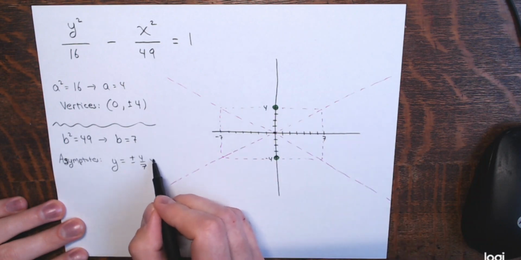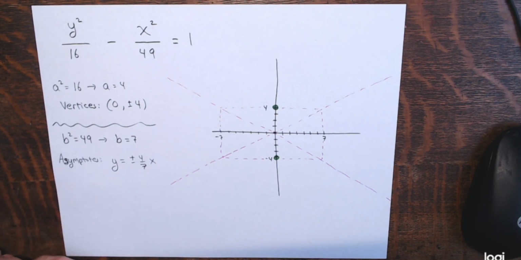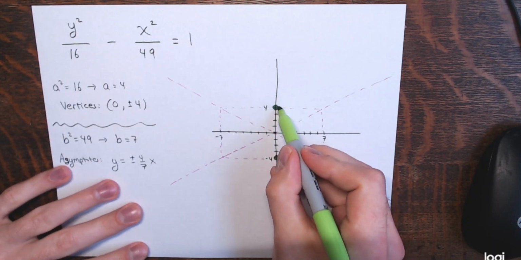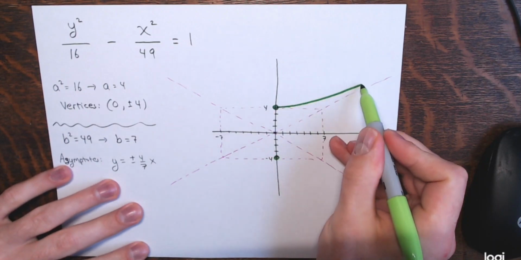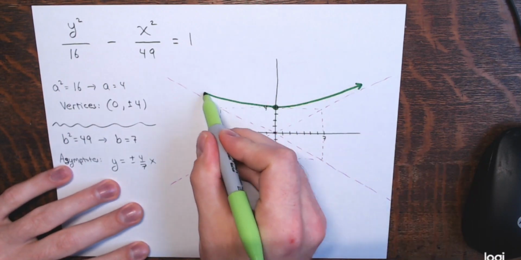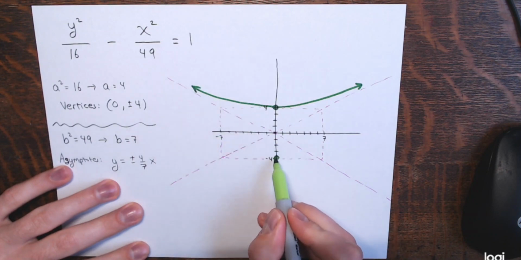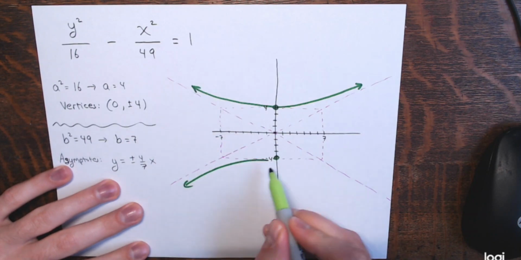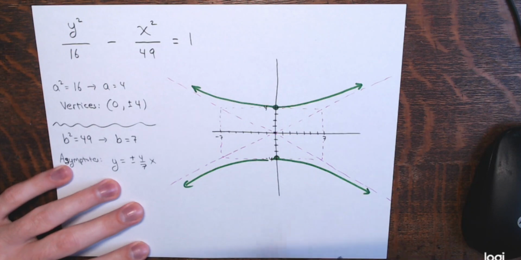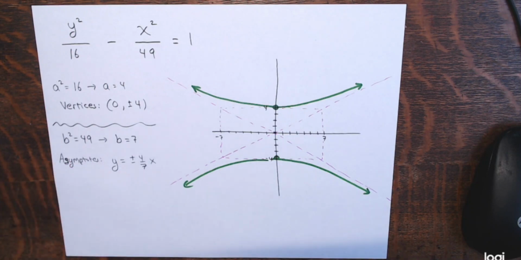So the asymptotes are y equals 4/7 x and negative 4/7 x. Once you have the vertices and the asymptotes in, you can draw a pretty rough sketch of the hyperbola. All the solutions of the equation should be like this, approaching the asymptote as you go further out. So there's the two branches of the hyperbola.